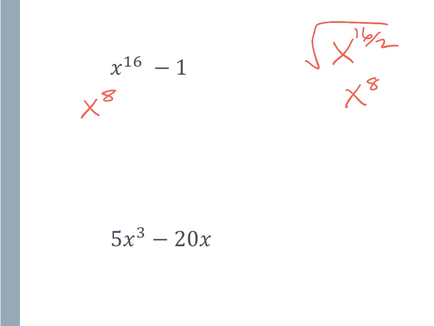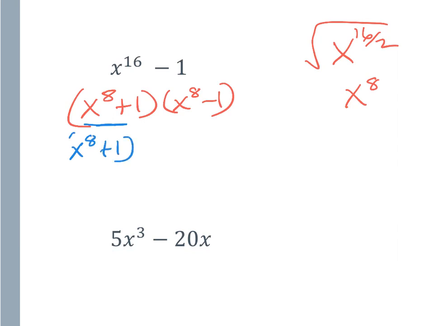So x to the 8th plus 1, x to the 8th minus 1. Can I still keep going? Yes. This one's going to stay the same because it's a plus sign, and there's no such thing as the sum of two squares. But this one I'm going to break down again, I'm going to divide the exponent by 2, and it becomes x to the 4th plus 1, minus 1.